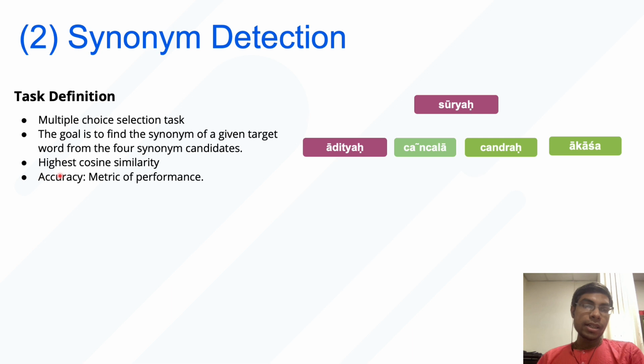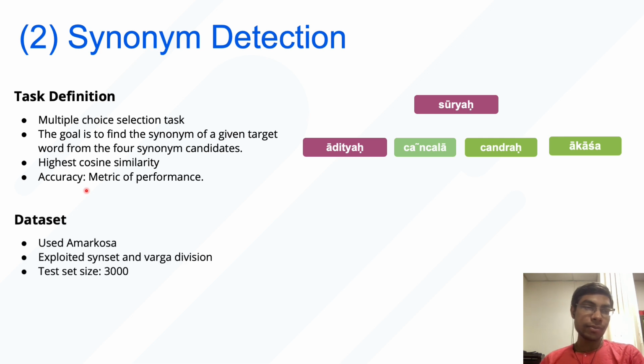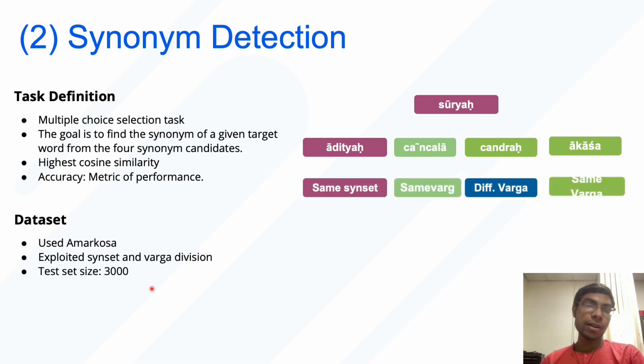The word which has the highest cosine similarity is the prediction from that word embedding, and we use accuracy as the evaluation metric. We have developed 3000 questions for this task. Basically, we exploit the synset and varga division of Amarkosha to achieve this.